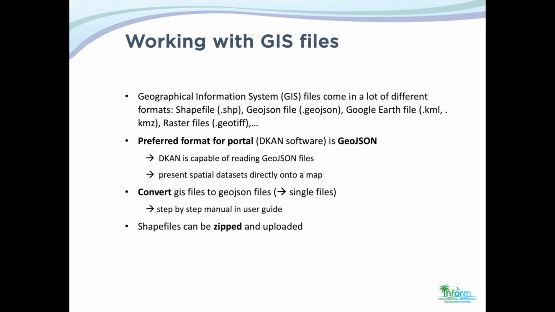DKAN is capable of reading GeoJSON files in order to present spatial datasets directly onto a map. Creating a map on the fly within the DKAN software of the portal is only possible with GeoJSON files. It will not work with other formats like shapefiles.